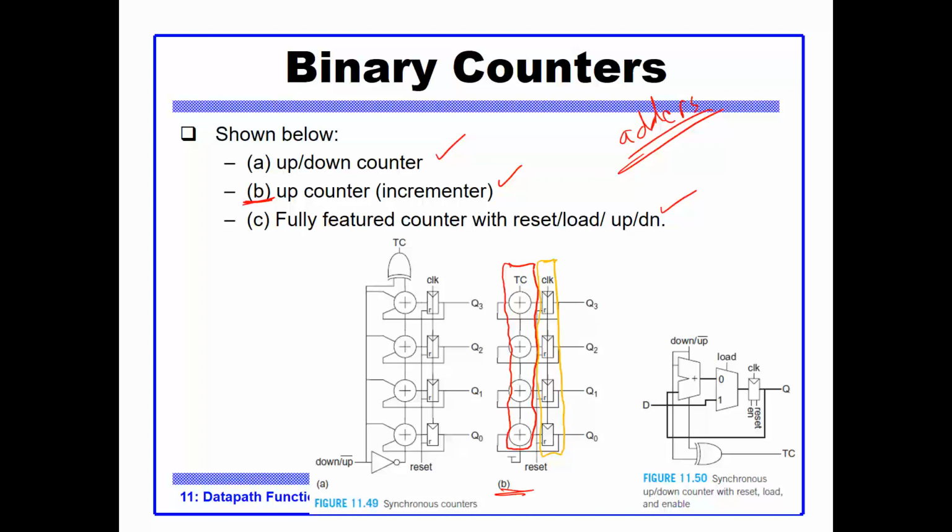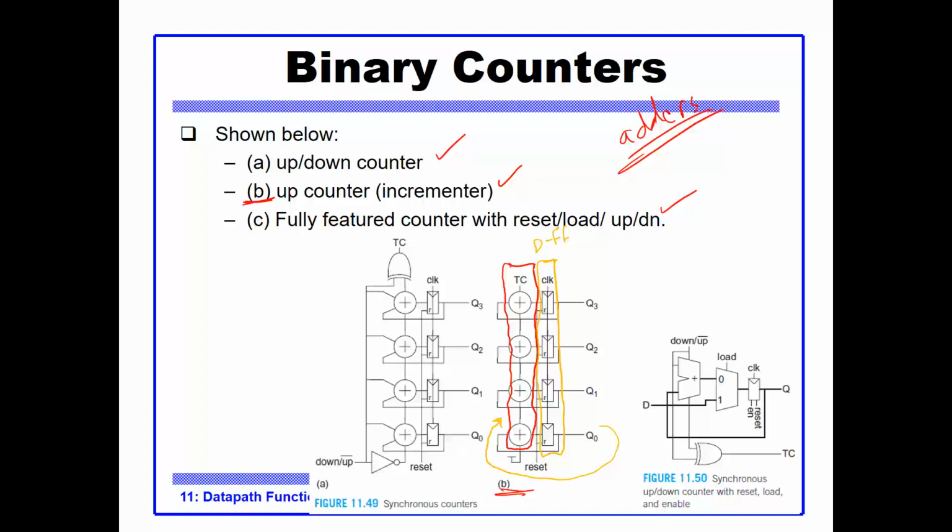These are typically D flip-flops. They take the output of the adder and save it, and the outputs of the flip-flops are Q0, Q1, and so on. Then in the next cycle, we feed the output of the flip-flops to the adder, and all the adder does is add one.